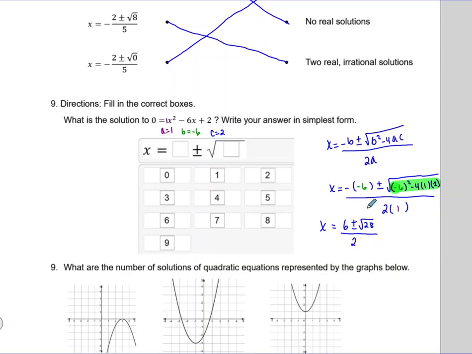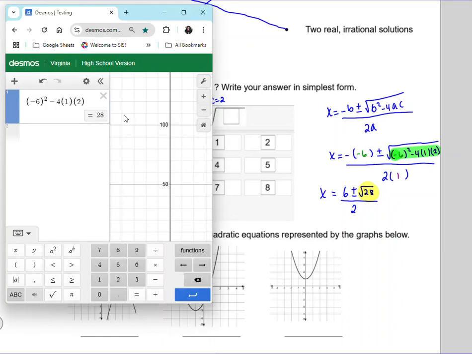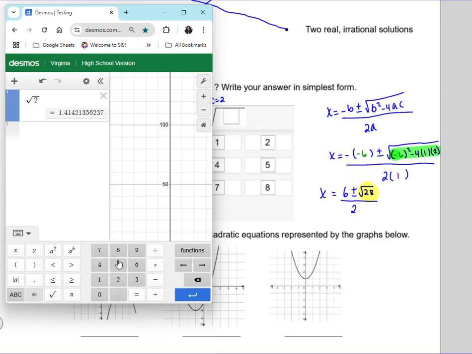All right, now the square root of 28. This part has to be simplified, and we know how to simplify square roots, right? Because we know how to do them in Desmos. We practiced them at the beginning of this review. So when we are doing square root of 28, it's going to be a decimal, so that doesn't help us, right?